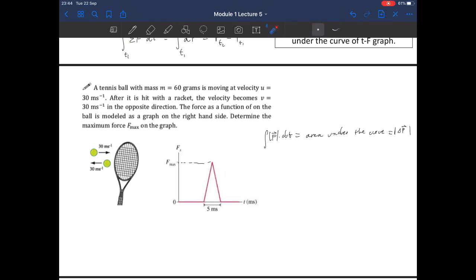First, let's calculate the area under the curve. You can see that the area under this curve is just the area of this triangle.